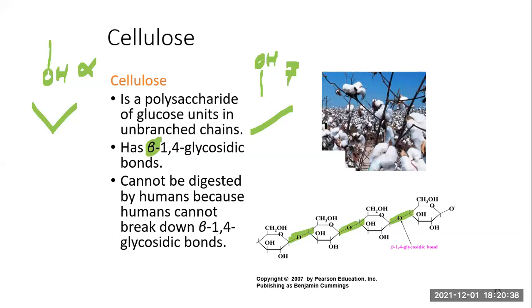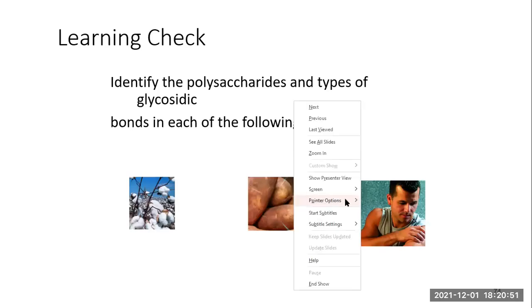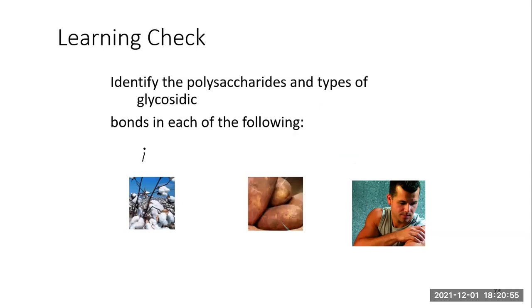All right, so let's take a look at each of these here. In this case, we want to identify the polysaccharides and the types of bonds that are happening. This is the one we just saw. That is our beta 1,4 in our cellulose, and that bond looks like that.